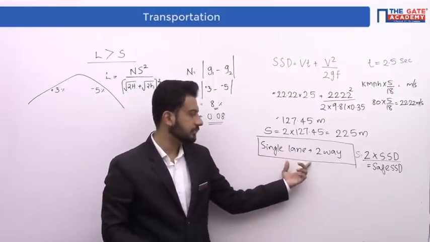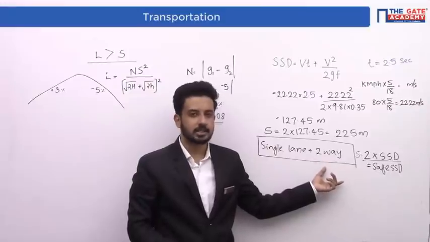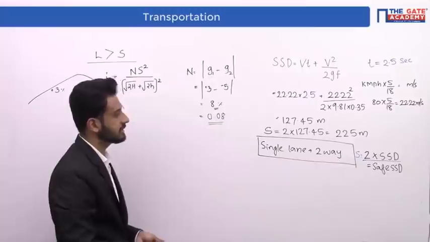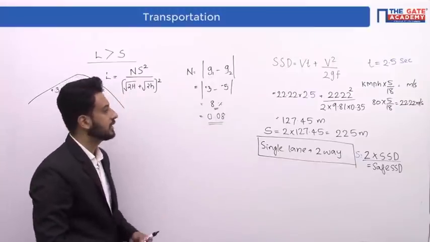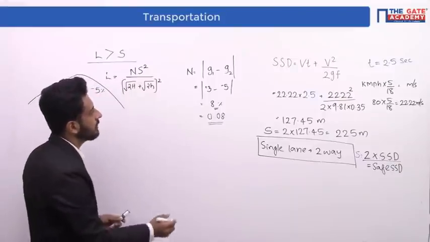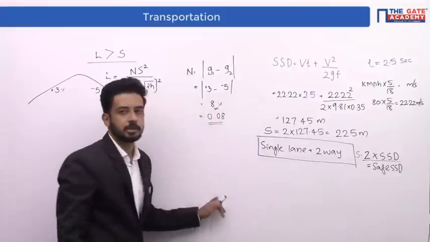But in this case, they have given that it is a single lane two-way road. Such sentences you should take care of. So the safe stopping sight distance will be 2 times the calculated stopping sight distance. So what value am I getting? S is equal to 225 meter.